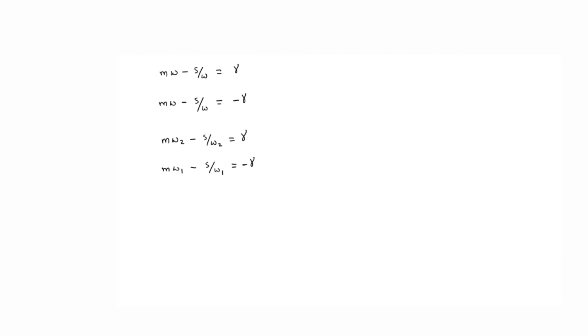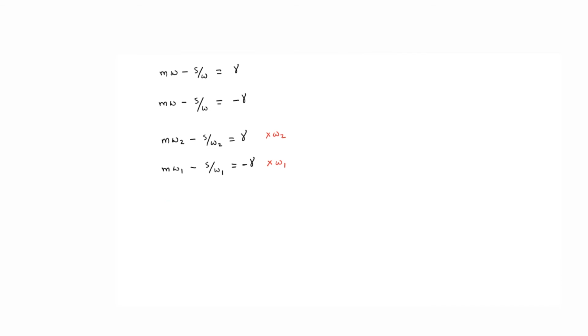Now, I want to eliminate s here. S is the stiffness constant, and the way to do it is simply multiply one equation by omega 2 and the other equation by omega 1, subtract one from the other, and we will be able to eliminate s from the 2 sets of equations.